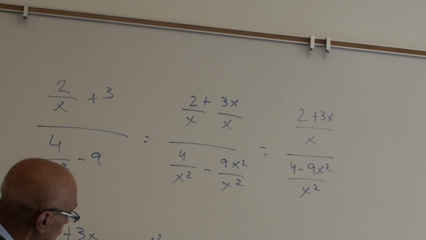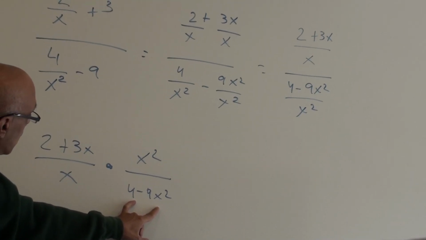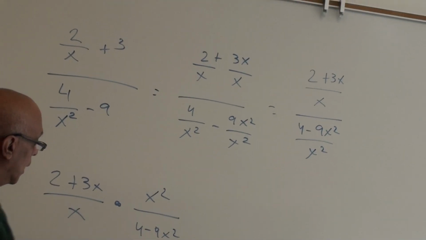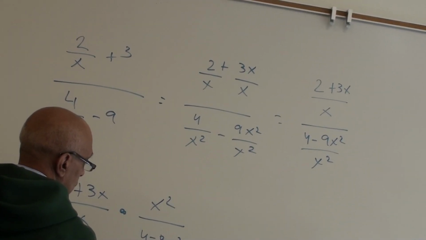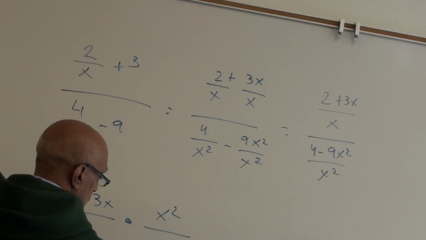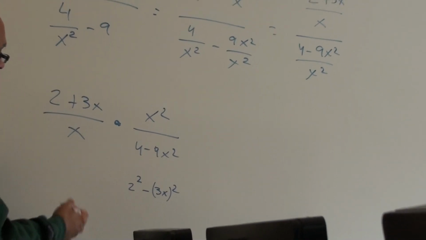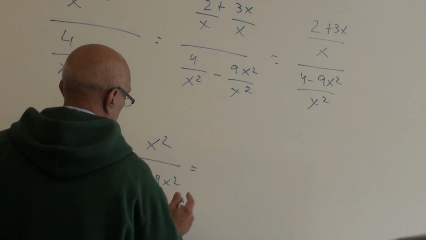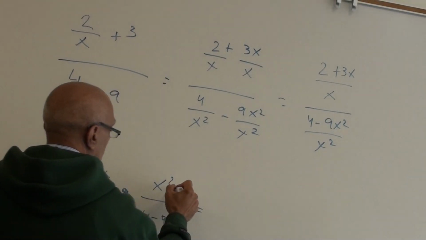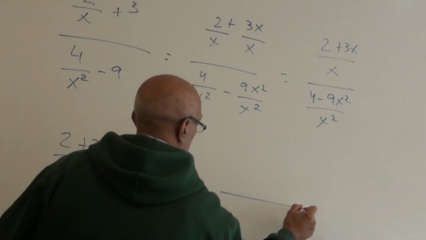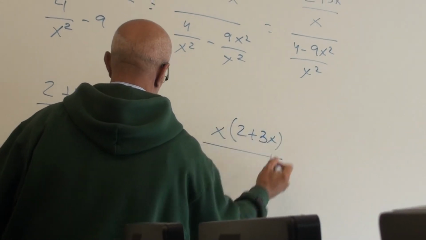What about this here? Is this the difference between squares? It looks like it is a difference between squares, right? So this is 2 squared minus 3x squared. So that means I can further factor this. This guy is going to simplify with this guy, so I'm going to have here x times 3x.